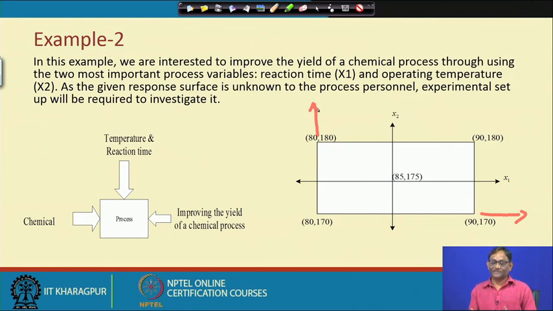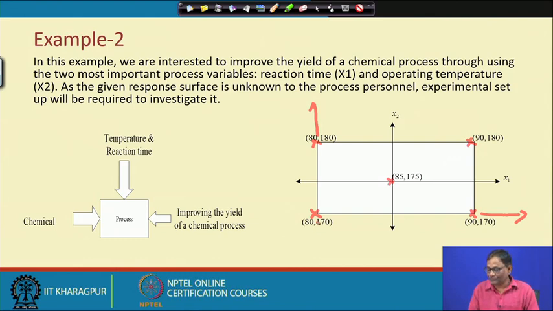Suppose you have considered this range, this is the operating zone that is of interest. And then you created several settings here, first this one, second this one, third this one, fourth this one, and also this is another one.